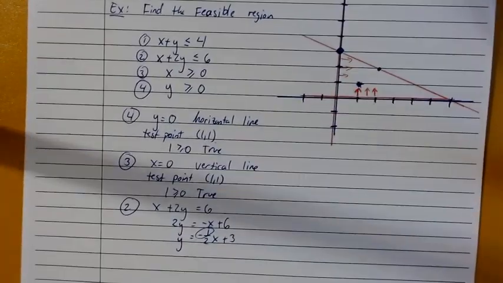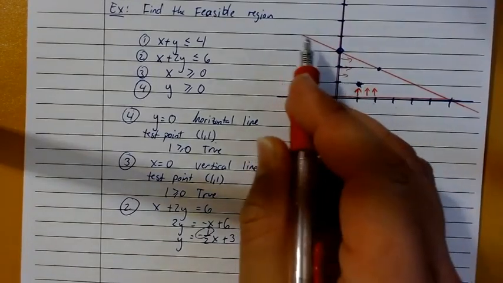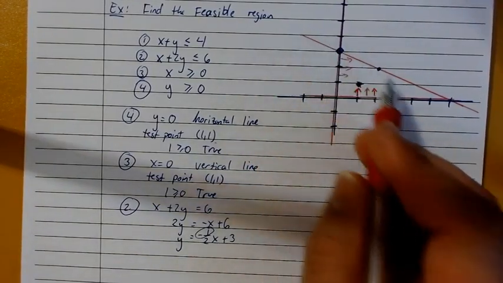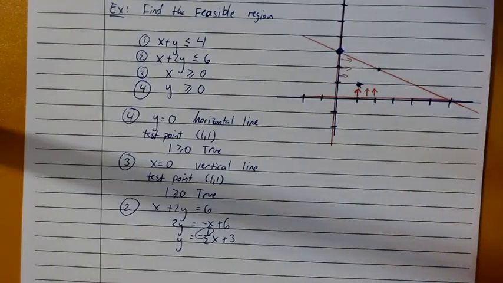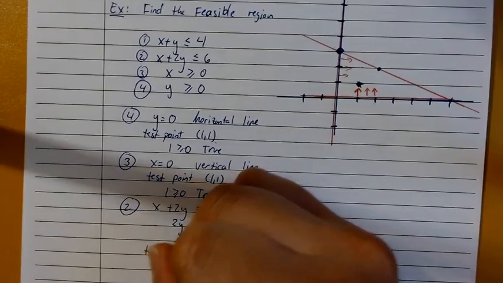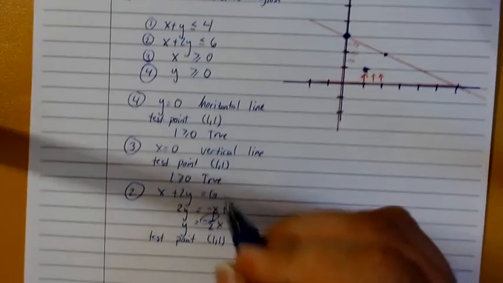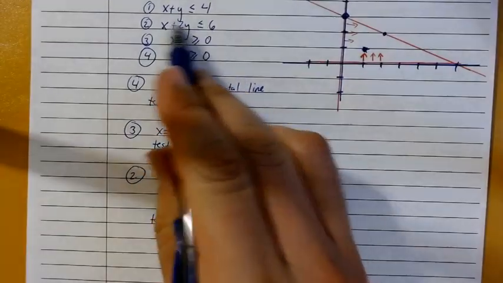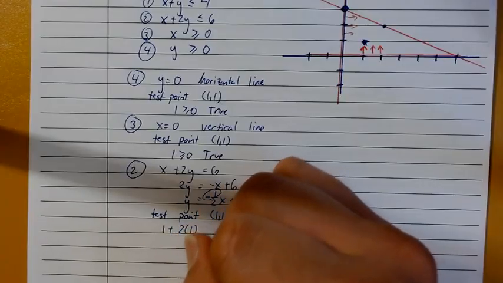Okay. So now I need to find a test point. In this case, I can use 0, 0, because notice 0, 0 is not on this diagonal line. Now I can continue to use 1, 1. It really doesn't make a difference. So here, let me use 1, 1 still. I'm going to substitute in 1, 1. So going back to our inequality, we have 1 plus 2 times 1, right?